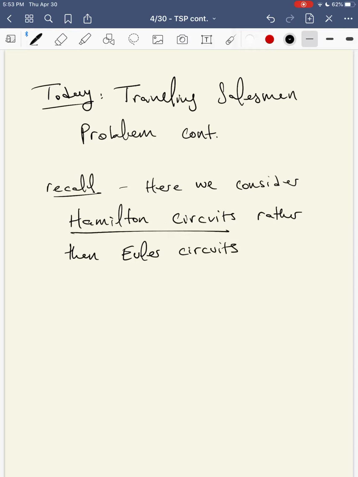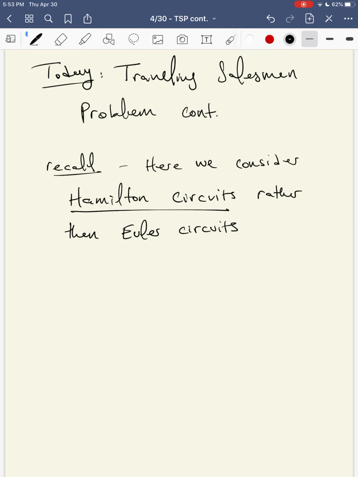And what is a Hamilton circuit? Well, this is a circuit in the graph. So you start and end at the same vertex, and you visit every vertex in the graph exactly once and end back where you started. So I'll write that down.